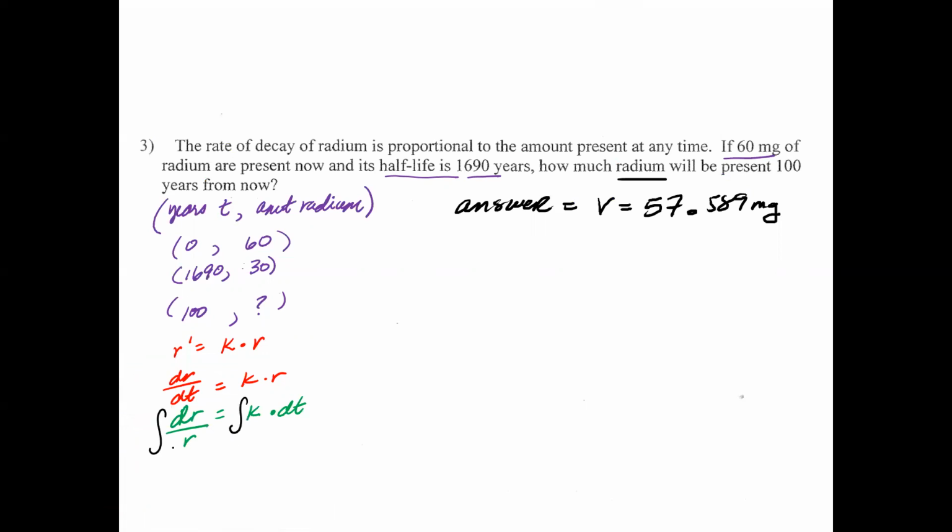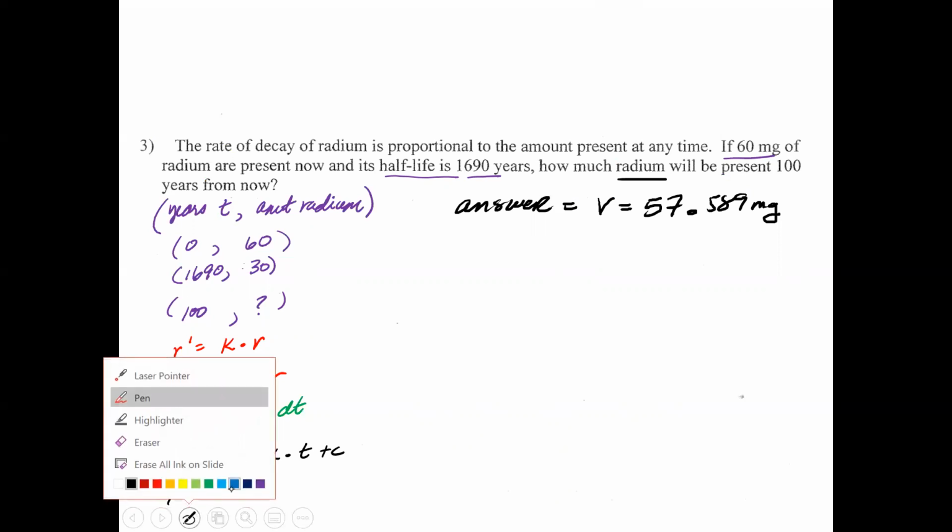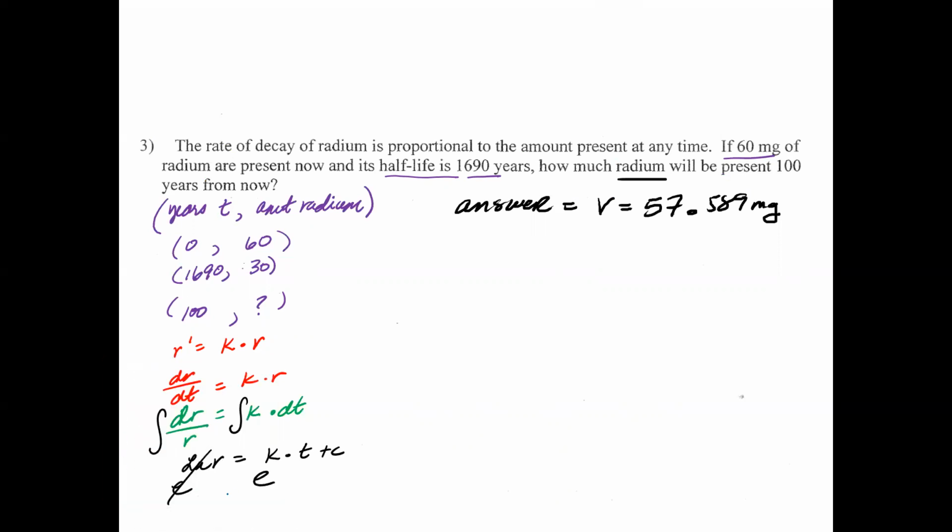Integrate both sides. The integral of 1 over R is ln R equals K times T plus C. We're going to put an e on both sides. I know this is becoming a little bit mundane, and you're like, okay, this is the same thing that we do all the time. R equals C e to the KT is your formula.